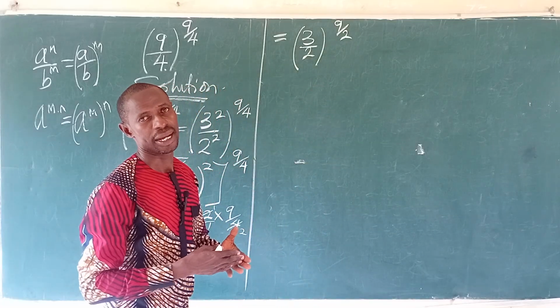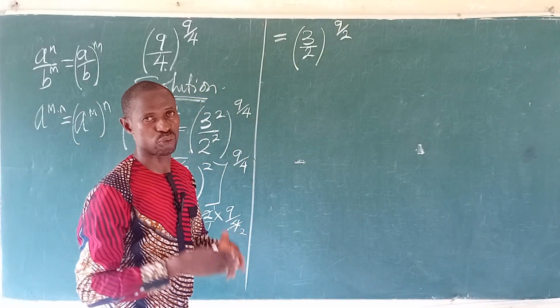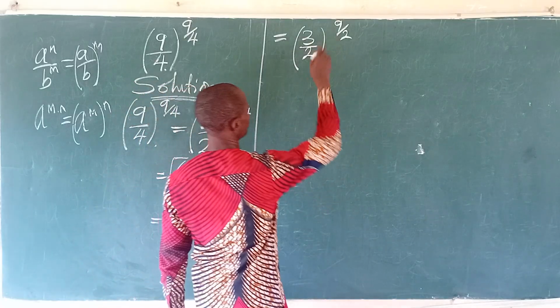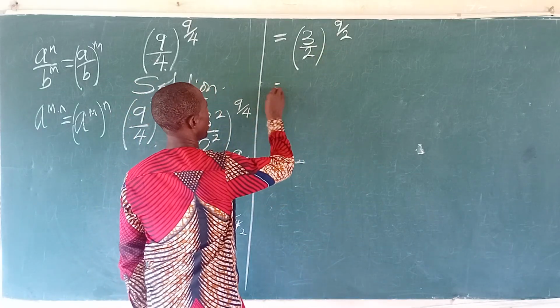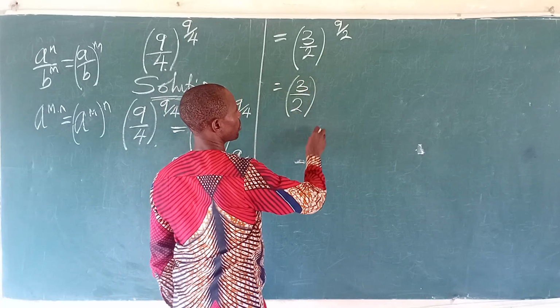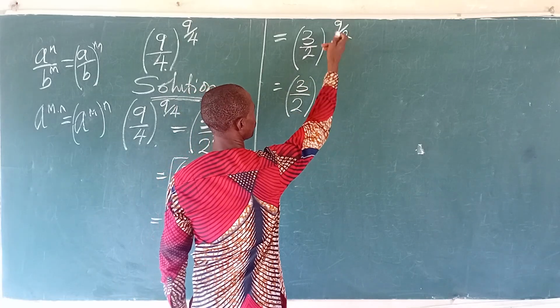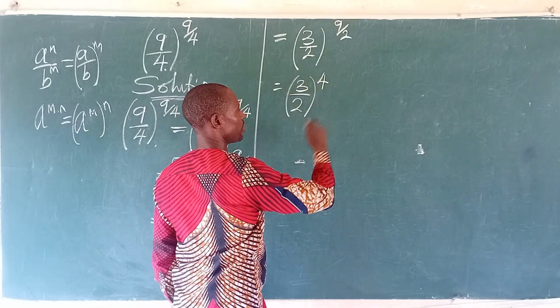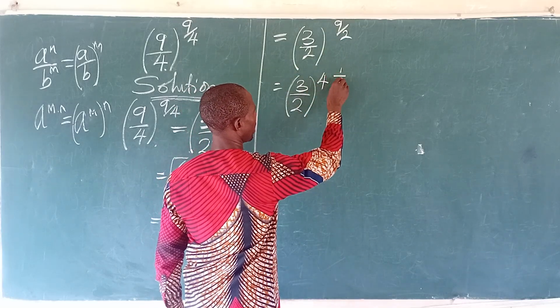We are having an improper fraction, so we change it to a mixed fraction. So changing it to a mixed fraction, this is going to give us (3/2) raised to the power of, use 2 to divide 9, that will give us 4 whole number, and we are left with just 1 all over 2.